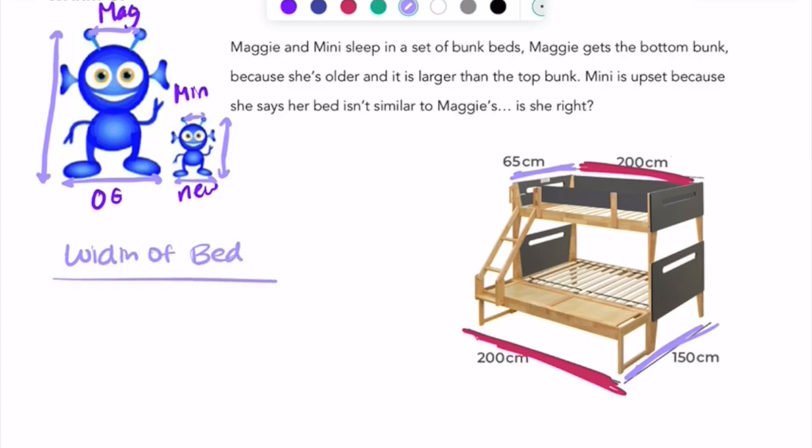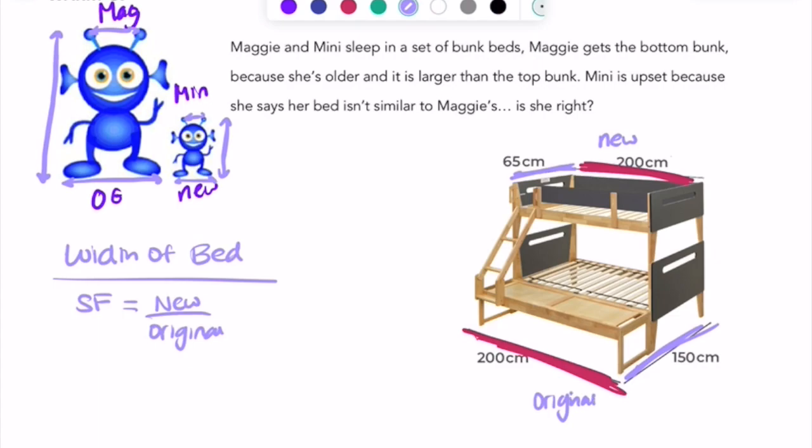If I calculated the width of the bed and its scale factor, we know scale factor is always going to be new over original. Since we deemed Minnie as the new version, we should also expect that the top bed is going to be the new of the original, which is the bottom.